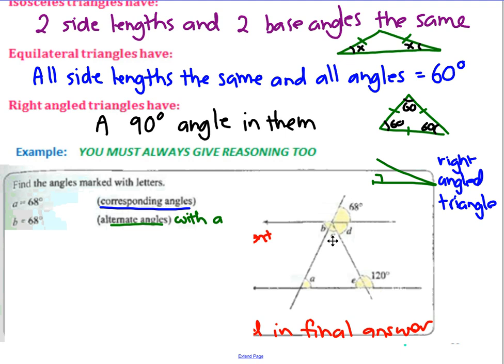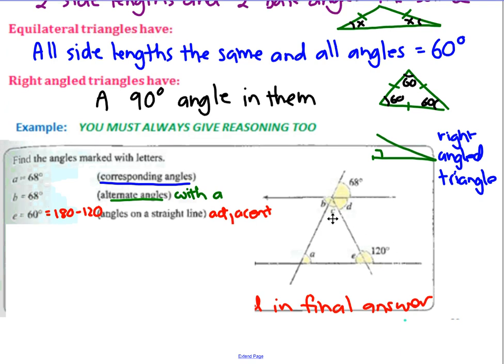C? So C, let's see, can we work out C from anything else at this point? Oh, C equals 60 degrees, which is 180 minus 120. What we've got here is a 120-degree angle. We also have a transversal here. So this angle here of 120 is equal to B plus C. Do you see that?